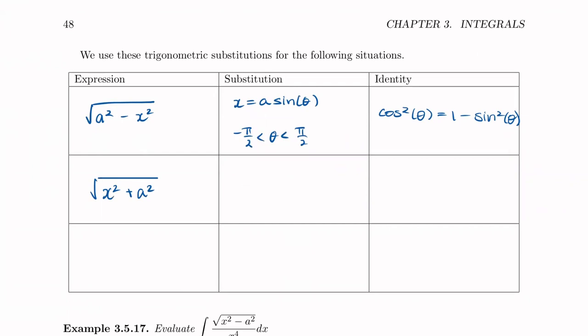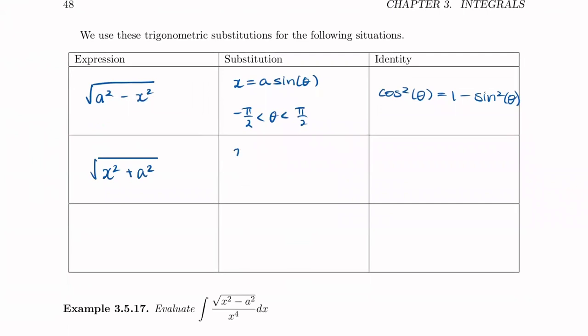The substitution here is x equals a tan theta, and the domain is the same: negative pi over 2 less than theta less than pi over 2. The identity we use is the Pythagorean identity for tan and secant, so we'll be using this identity here.